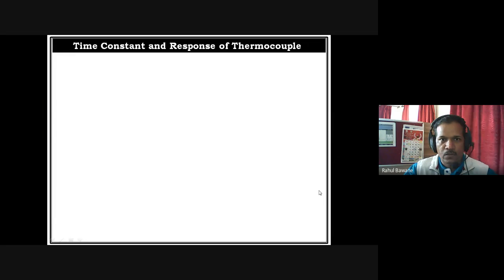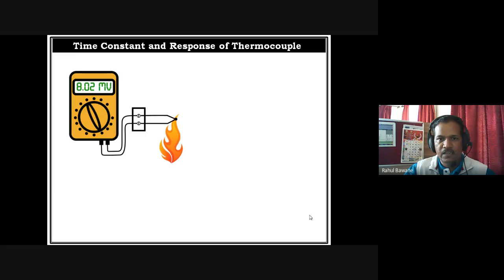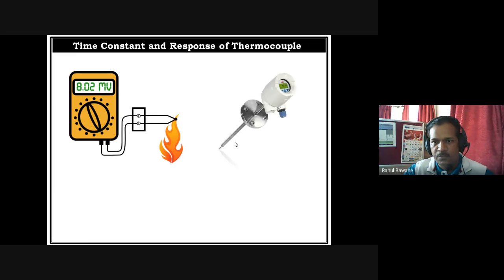So whenever we measure any kind of fluid temperatures, it may be gaseous, it may be liquid, we use a thermocouple, and the thermocouple sensing probe is normally assumed to be of spherical shape. So this probe is spherical and obviously has a very small diameter, and this is the picture of an actual thermocouple.